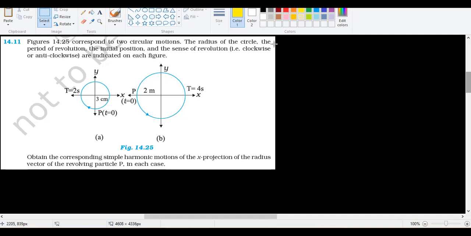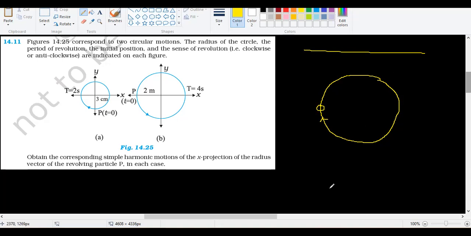This I told you in the theory discussion, right? What did I say? When you start spinning a particle like this, let's take the first one. When the particle is here, the shadow on the screen, when you put a light from here, will be here.